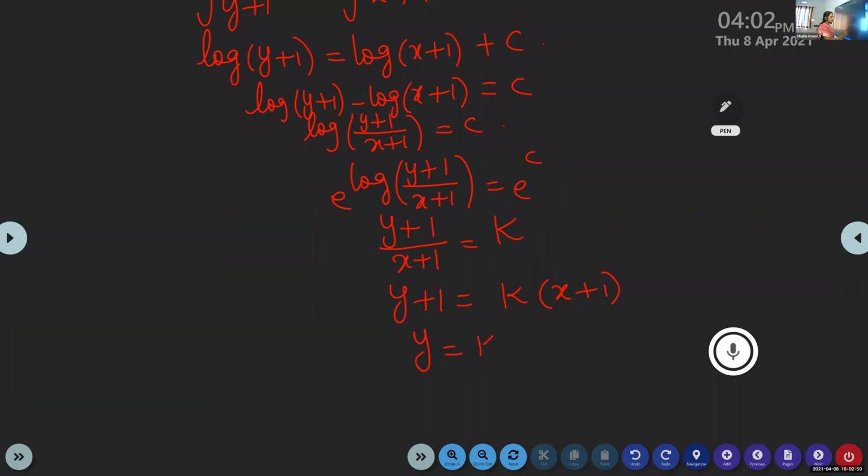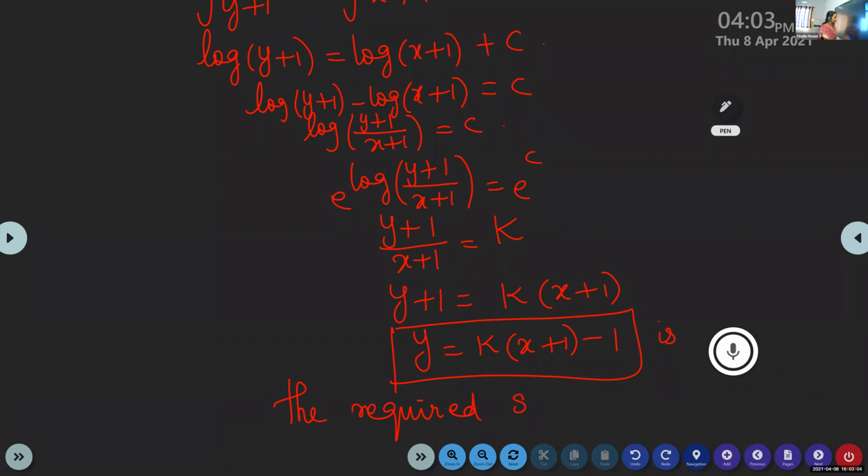Y is equal to k into x plus 1 minus 1, which is the required solution. Is it okay, children? Listen, children, I'll repeat it again.